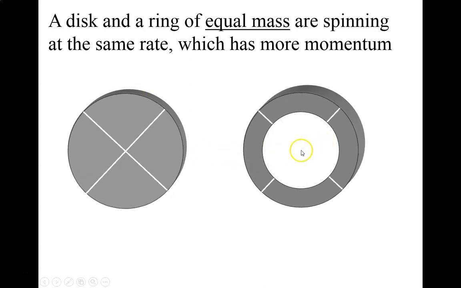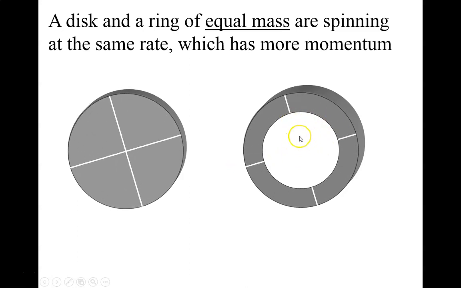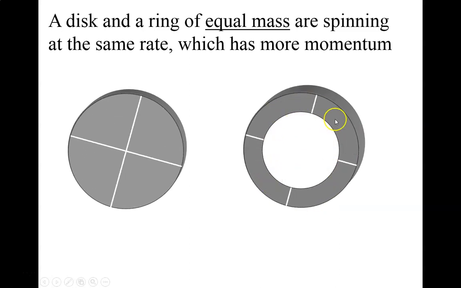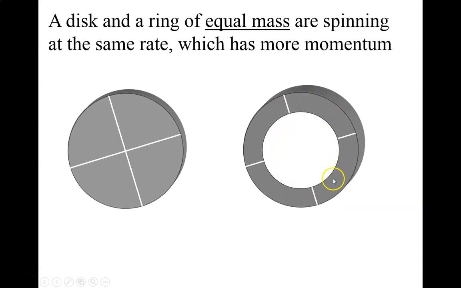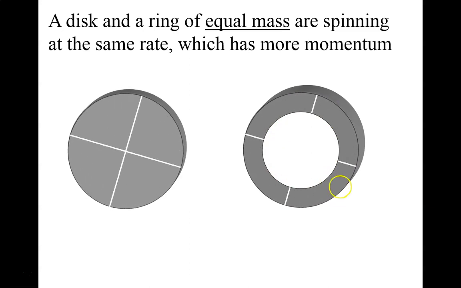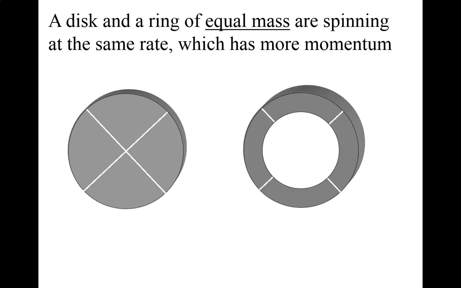This one has pushed that mass away from the axis of rotation out some distance. Because the mass is concentrated further away in this system, it's going to have a greater rotational inertia, and because it's got a greater inertia, it's going to have a greater momentum.